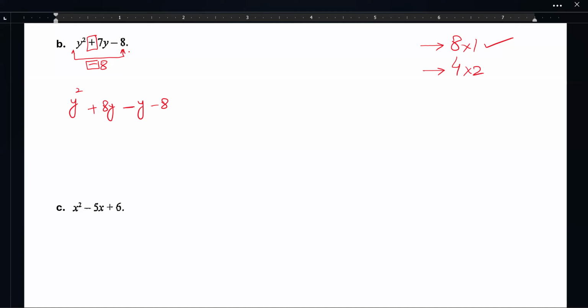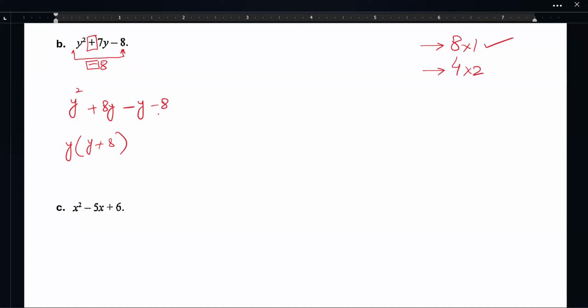Now you can see in the first two terms, something is common, which is y. Okay.